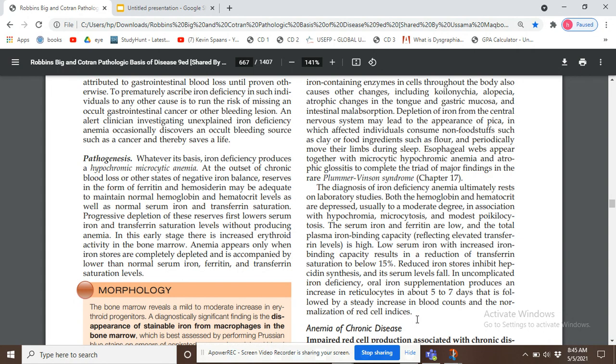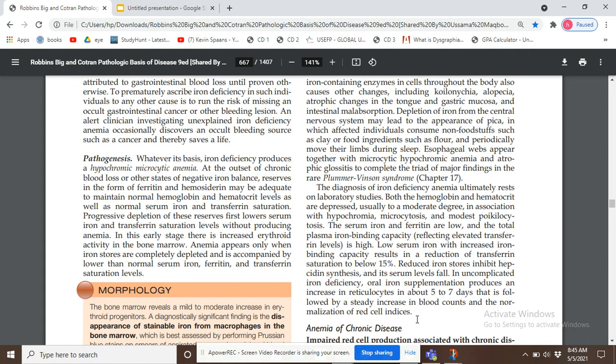So, the clinical features which are specific to iron deficiency anemia are koilonychia, pica, alopecia, atrophic changes in the gastric mucosa, atrophic glossitis, angular cheilosis, and Plummer-Vinson syndrome.